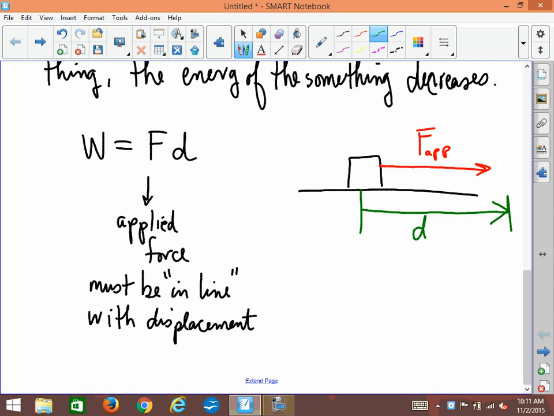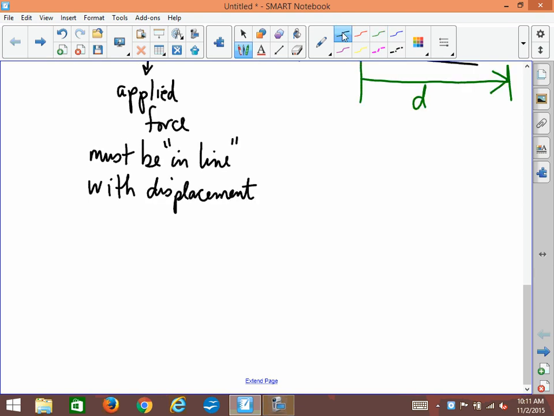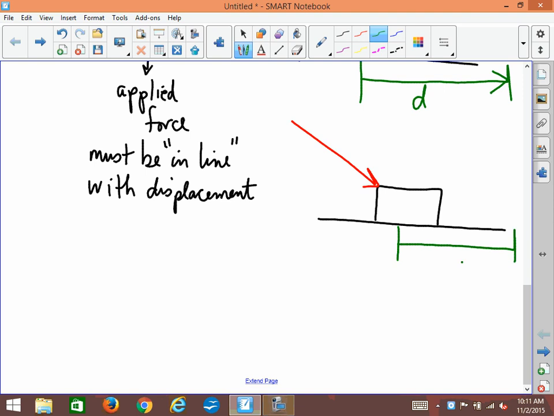The problem is that we don't often do things this way. When we push on objects, we often push on an angle. So let me put an applied force here, pushing down. Say you're pushing on the back of this box and you want to move it. And if you move it across the floor, a displacement here, you'll notice that now the applied force is not in line with the displacement.